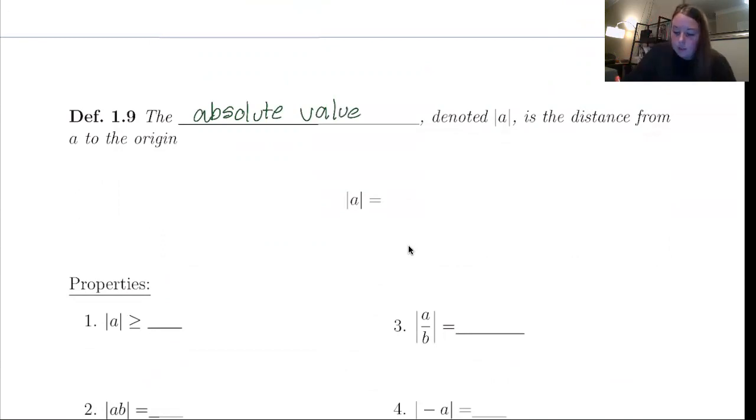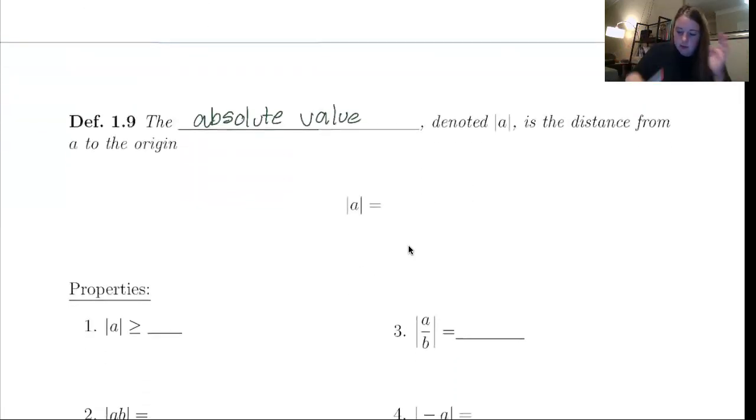And that's denoted by these lines, if you're looking on your keyboard, if you ever want to type them, it's that line above your enter or return key. We call those bars. So bar A bar, or just absolute value A, that's how you would say it. And it's the distance from A to the origin. This is why they put them together, talking about the number line.